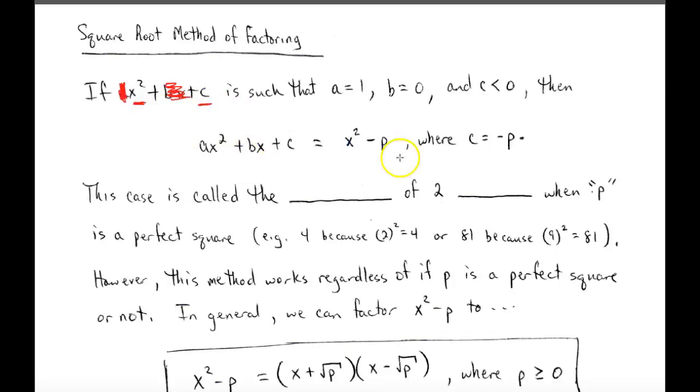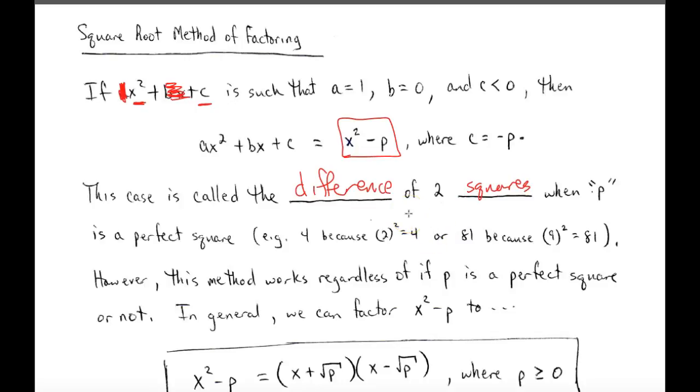And if this value for c is negative, then we have the difference of two squares.